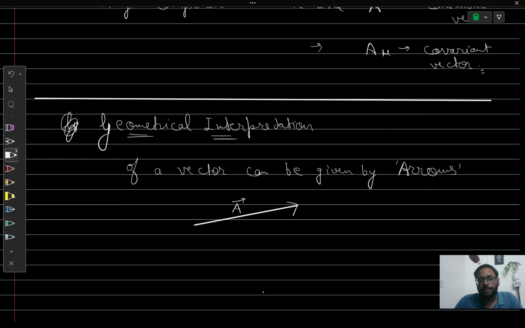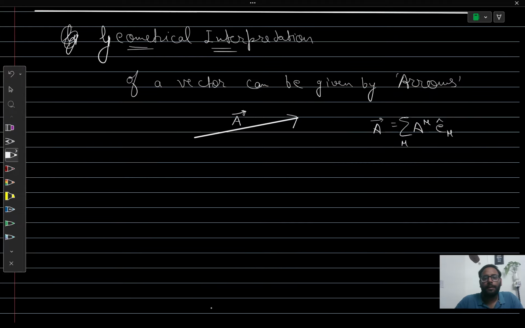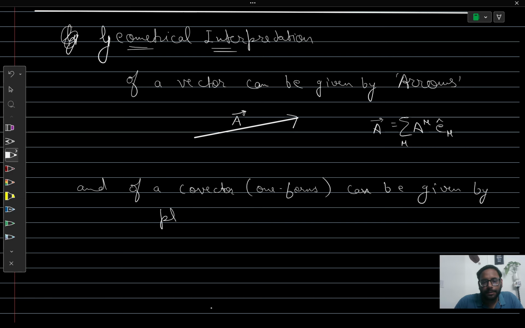Like this is a vector, and of course you can write this vector with components with upper indices and its bases with lower indices. And a covector, that is, one forms, can be given by planes, okay, or surfaces.